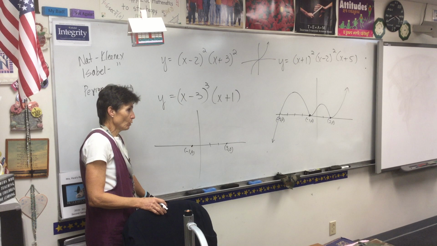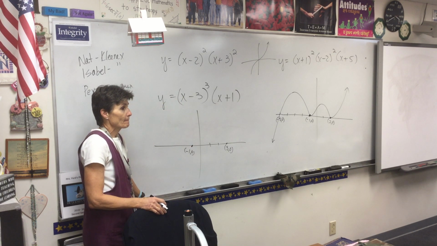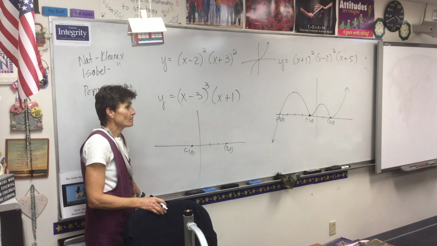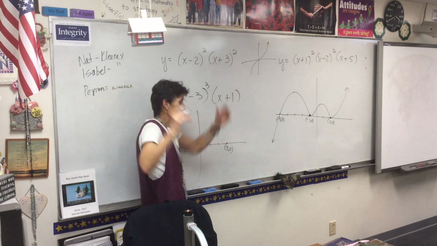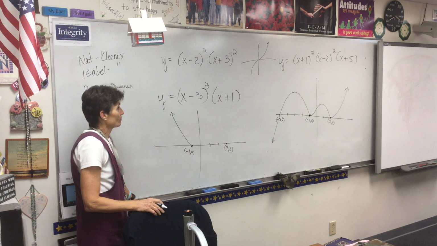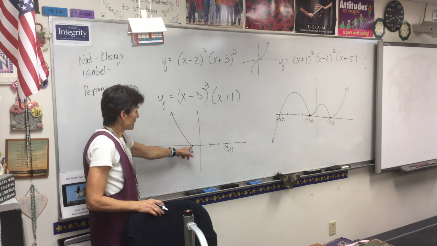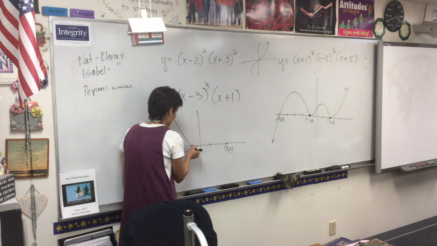If we were going to multiply all that out, what power would it be? X to the 4th, that's even. Evens start up, end up. So I'm going to come in from the top. And what am I going to do when I hit that point? Pass right through it.